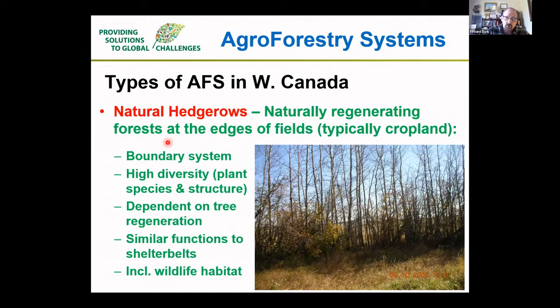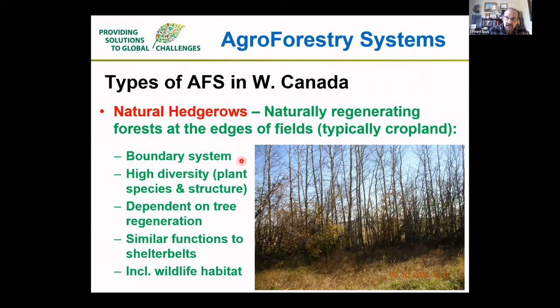The second one is natural hedgerows. As the name implies, these are naturally regenerating or naturally occurring forests at the edges of fields. They're usually adjacent to cropland, but they don't have to be, because you can have pastures with an area that's basically ungrazed at the edge of the field or is subject to lighter grazing, where you might have this natural regeneration of trees.